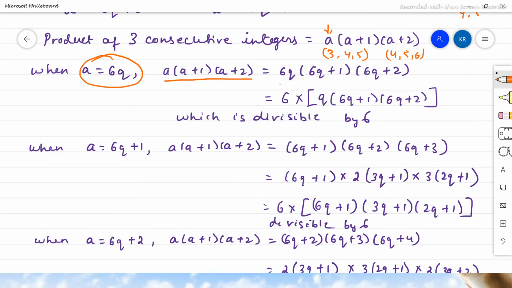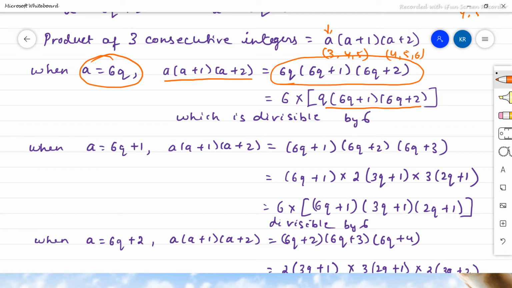That means the total expression can be written as 6 into something. 6 into something means it is a multiple of 6, and since it is a multiple of 6, it is divisible by 6.